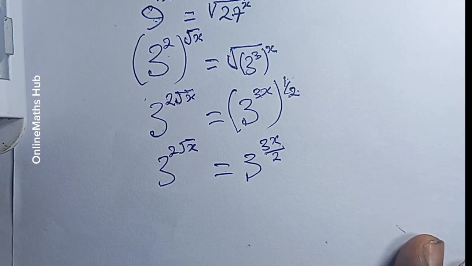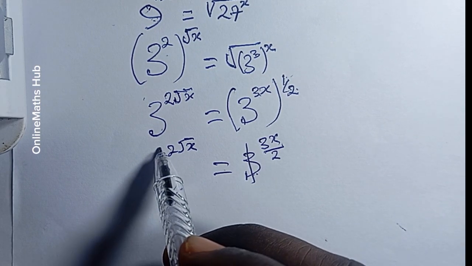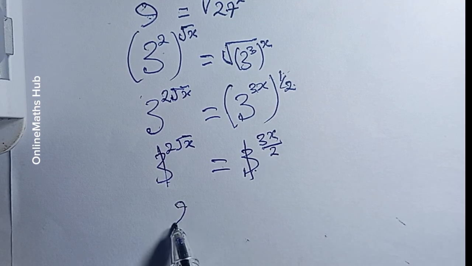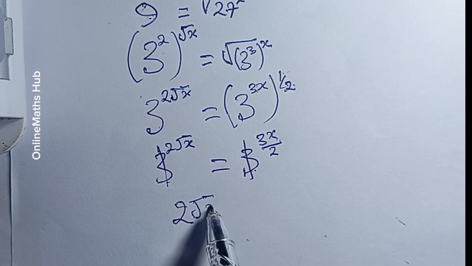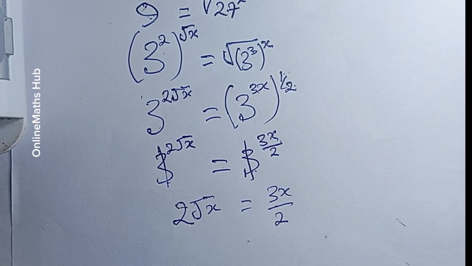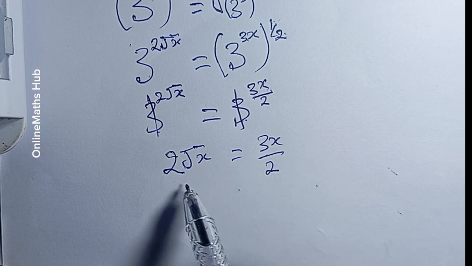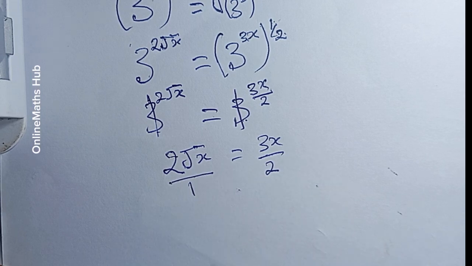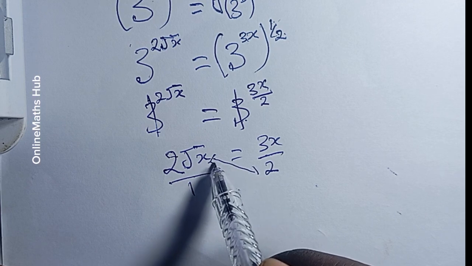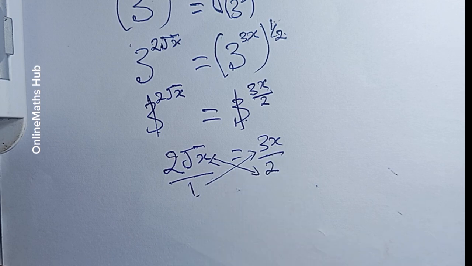So this is what I have, and since they have the same base right here, I can go ahead to cancel the base, and then I will equate the power, because of course they are going to be equal. So 2 root x is now equal to 3x divided by 2. So what I'm going to do is to cross multiply. Of course this can also be written as a fraction, so I use this to multiply this, and I will also use this denominator here to multiply the numerator.